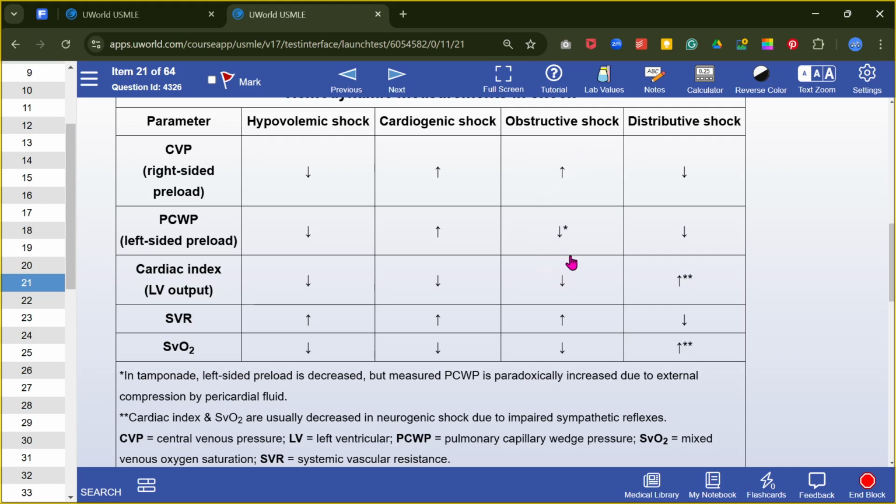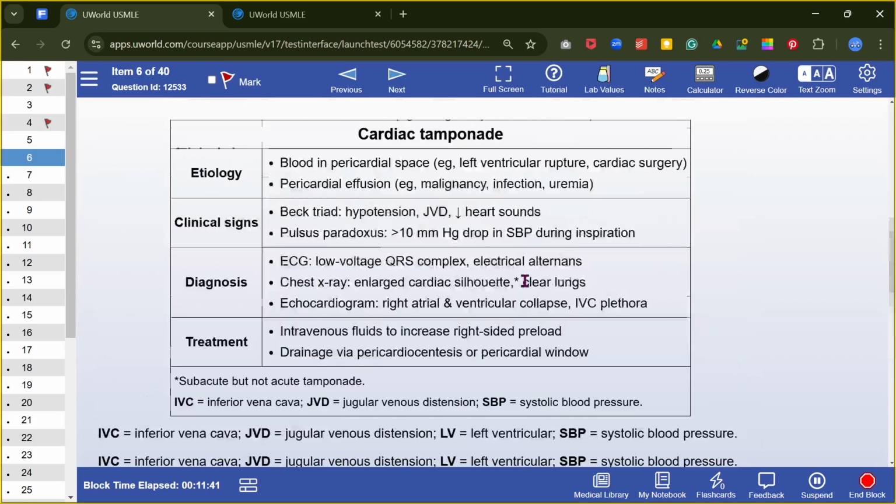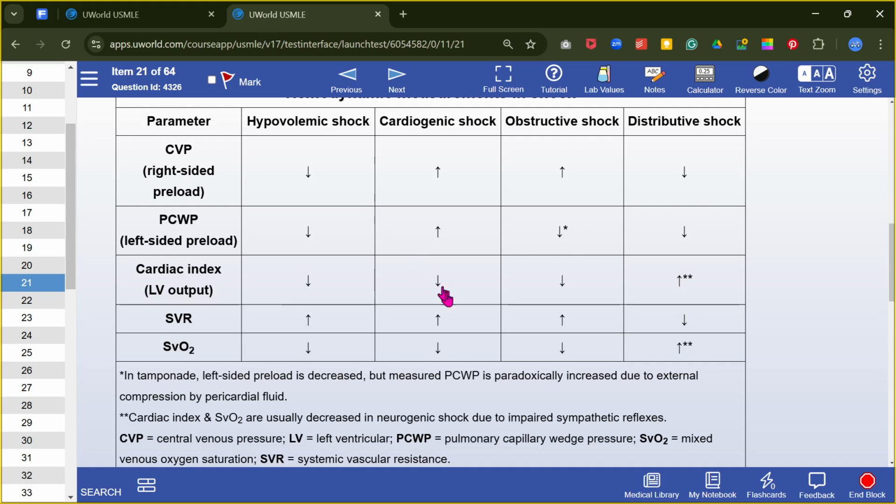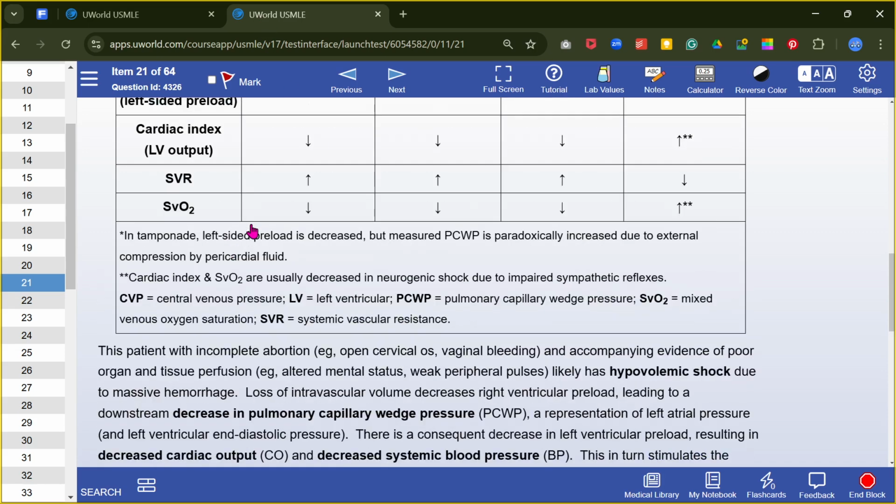Pulmonary capillary wedge pressure is down, but in our stem, pulmonary capillary wedge pressure is higher. So why is it higher? The explanation is given in here. In tamponade, the left-sided preload is decreased, but measured PCWP is paradoxically increased due to external compression by the pericardial fluid. Got it? So that's the explanation.